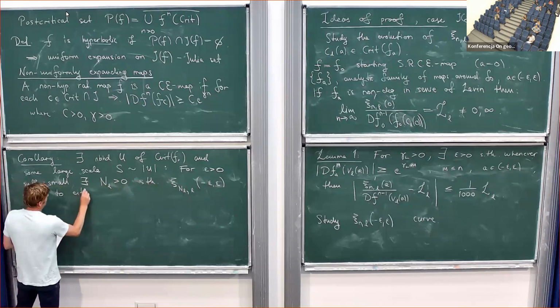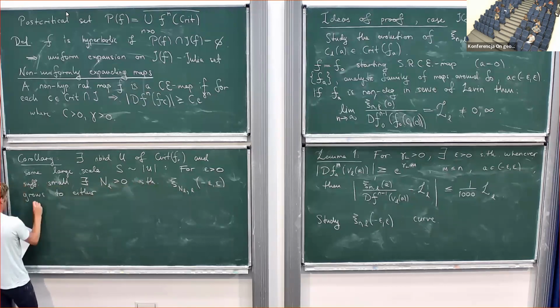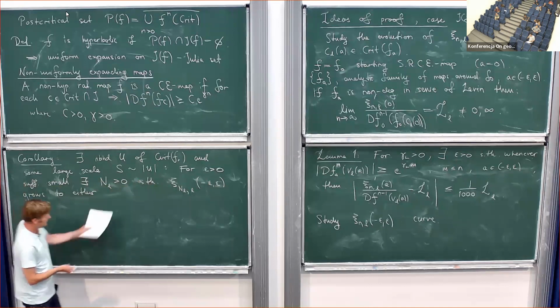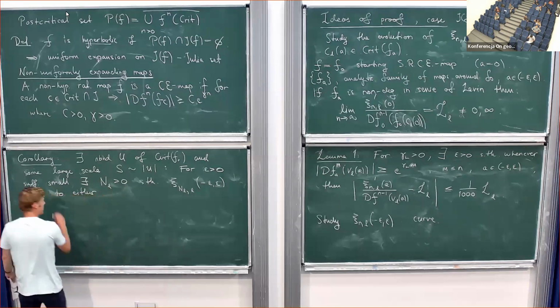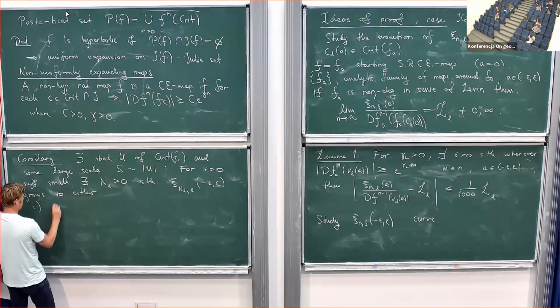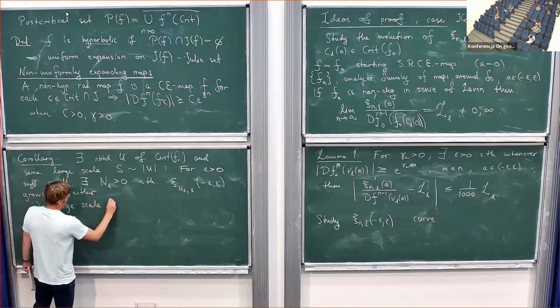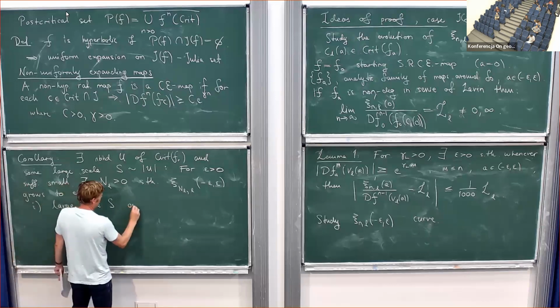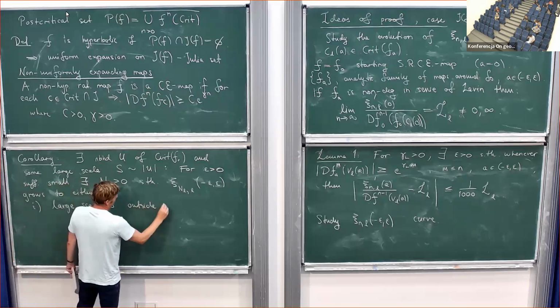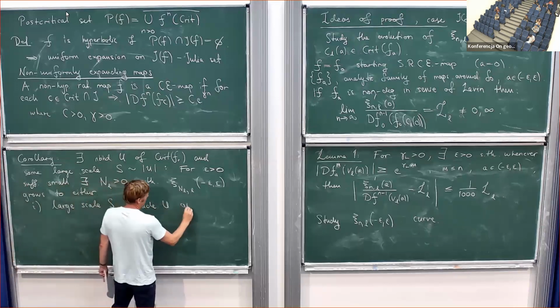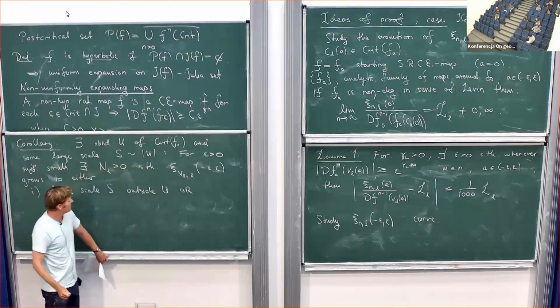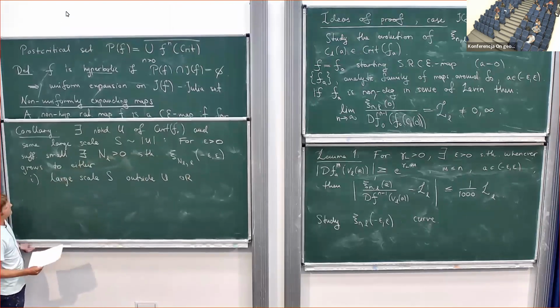Either, well, there are two things that can happen. Either it goes to this large scale. This is a curve which grows to some large scale, either it goes to the large scale S outside U, or, I'm going to draw a picture soon to try to clarify this.